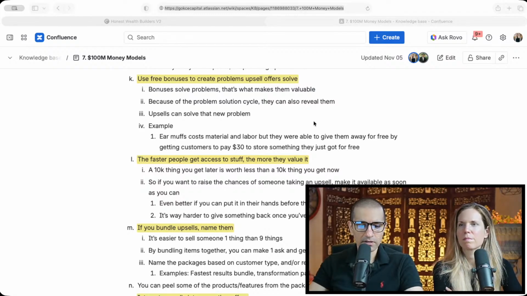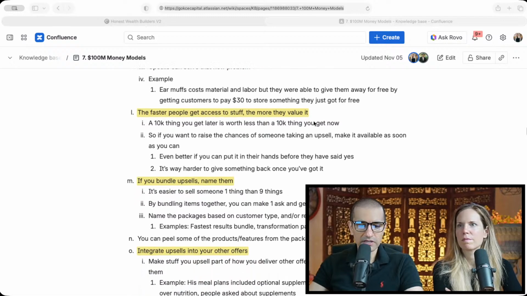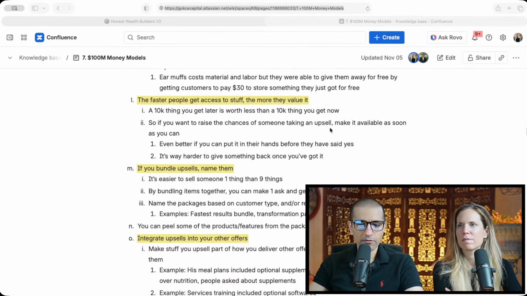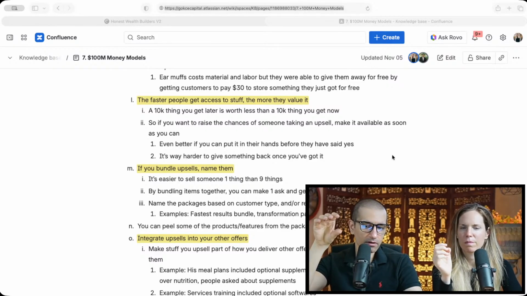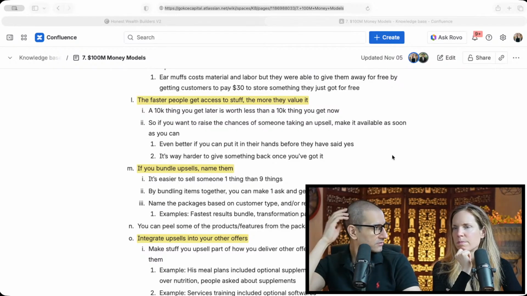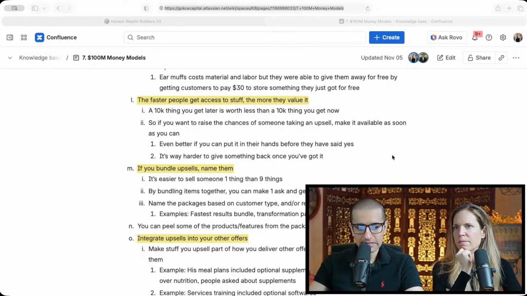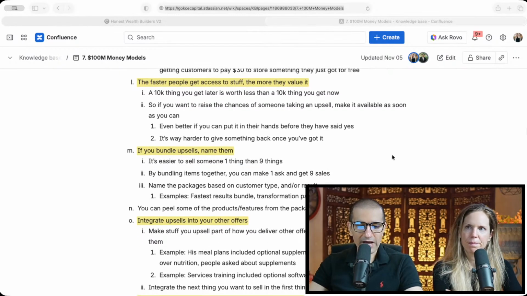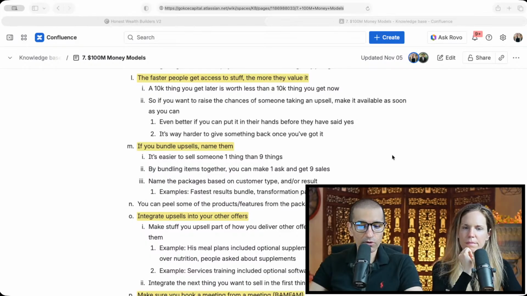Example: earmuffs cost material and labor, but they were able to give them away for free by getting customers to pay $30 to store something they got for free. So they use the free bonus of earmuffs to create a problem that your upsell solved. Right? Make sense? Okay. The faster people get access to stuff, the more they value it.